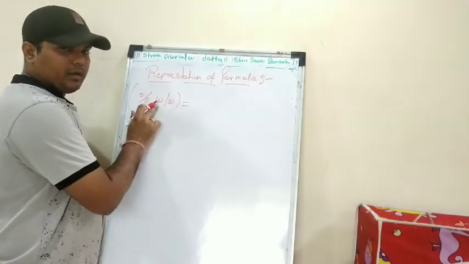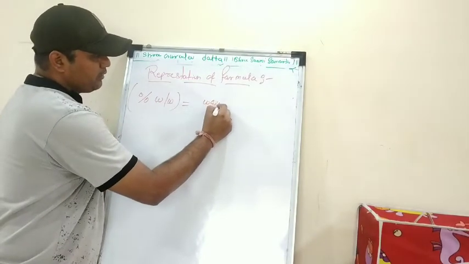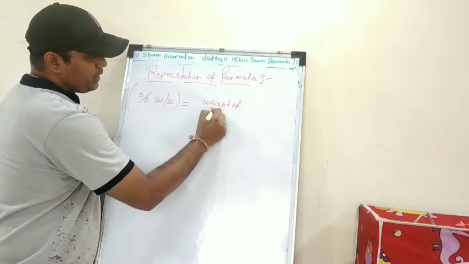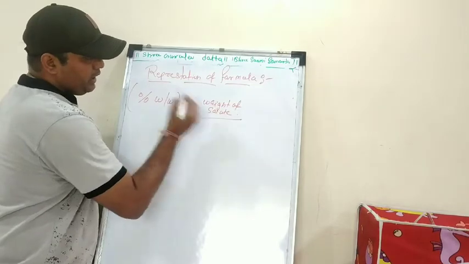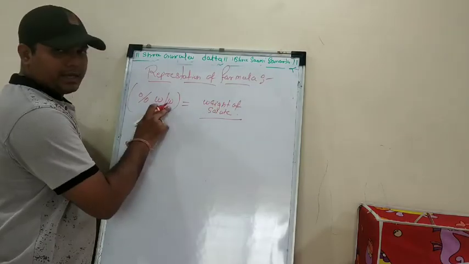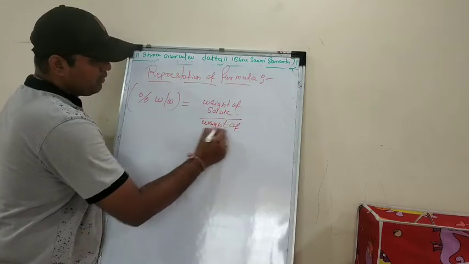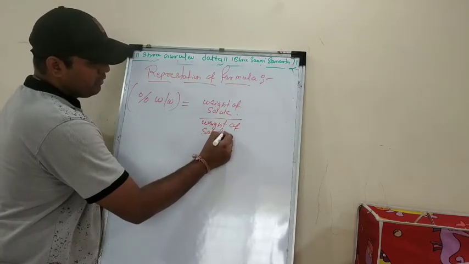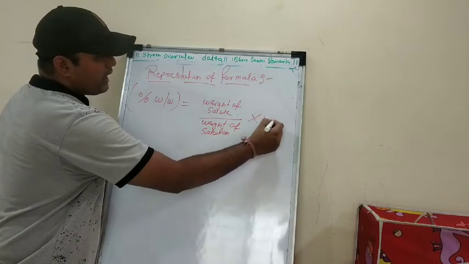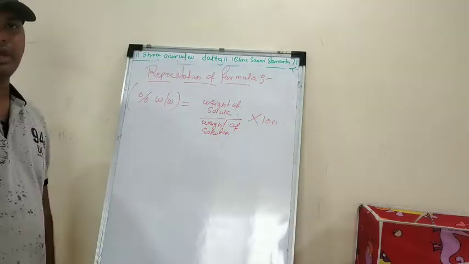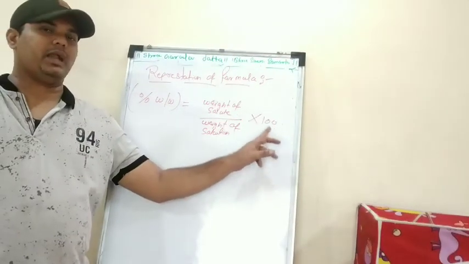W means weight of solute, divided by weight of solution, into 100. As I told you, we are supposed to calculate the percentage in 100, so that is why it will be into 100.